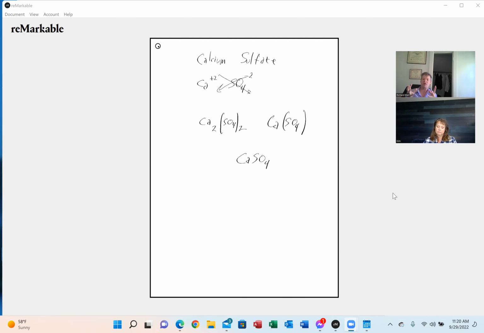You see, oh, sulfate, SO4. You don't need the parentheses to point it out and just shove it in your face. It's a sulfate. We see it. So, any questions about the use of parentheses in ionic compounds?